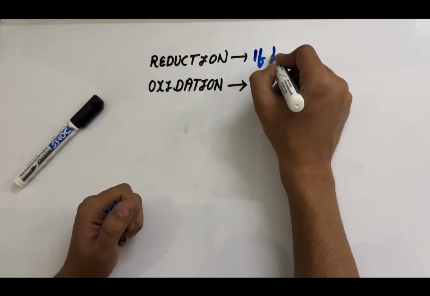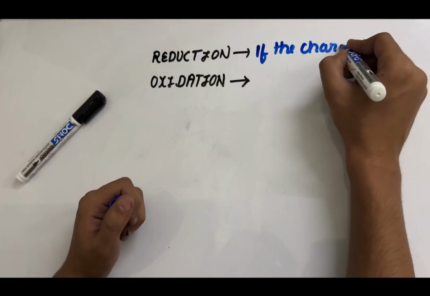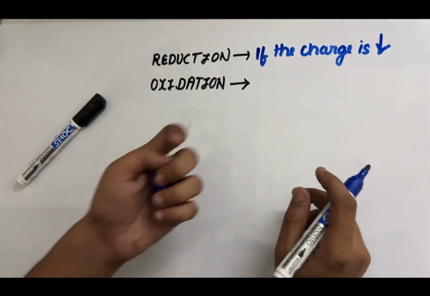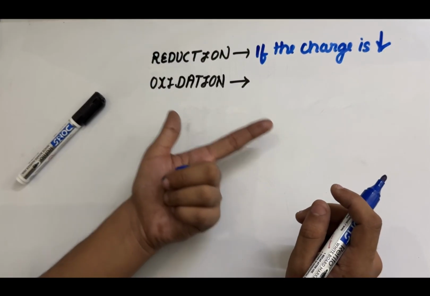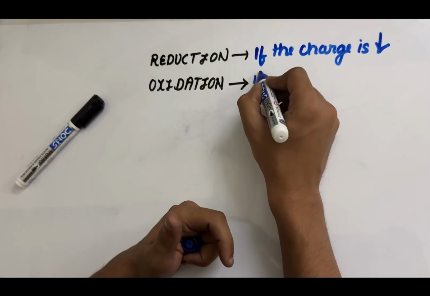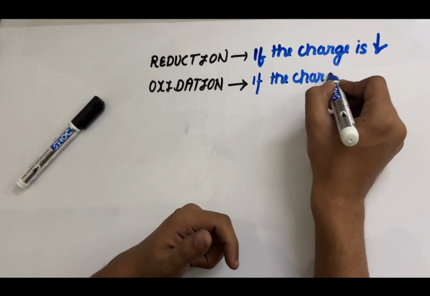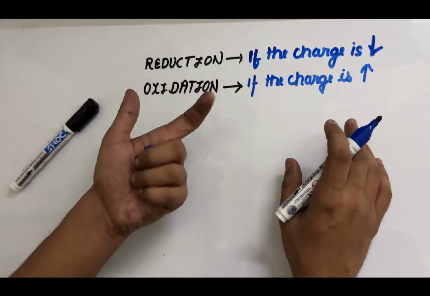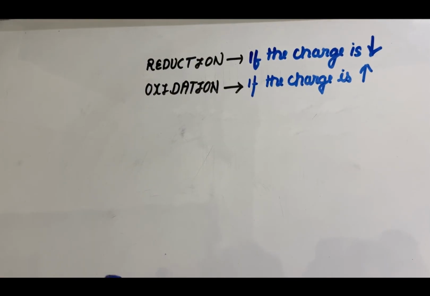If the charge is decreasing, we consider it as reduction. If the charge is increasing, we consider it as oxidation.